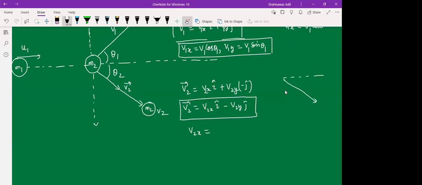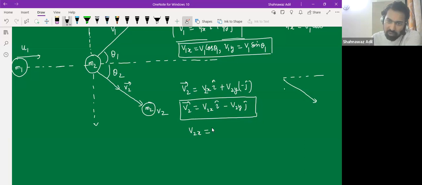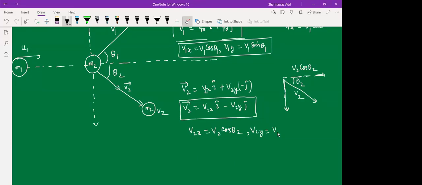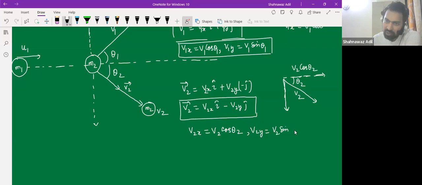Absolutely right, and the angle is theta 2, so v2 cos theta 2. And what would be v2y? The y component is v2 sin theta 2.